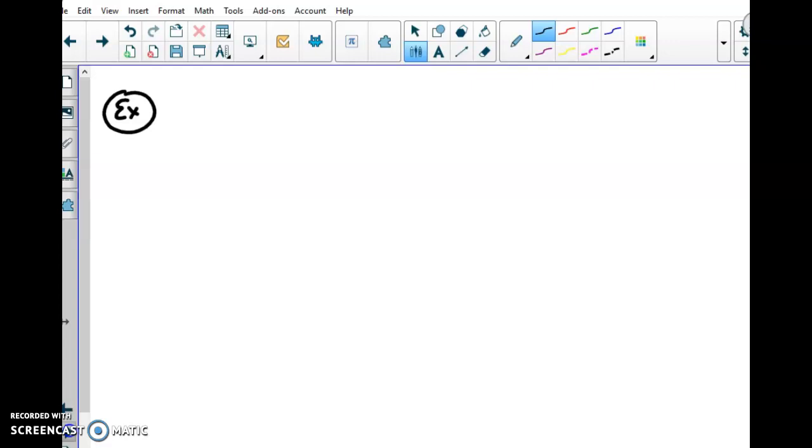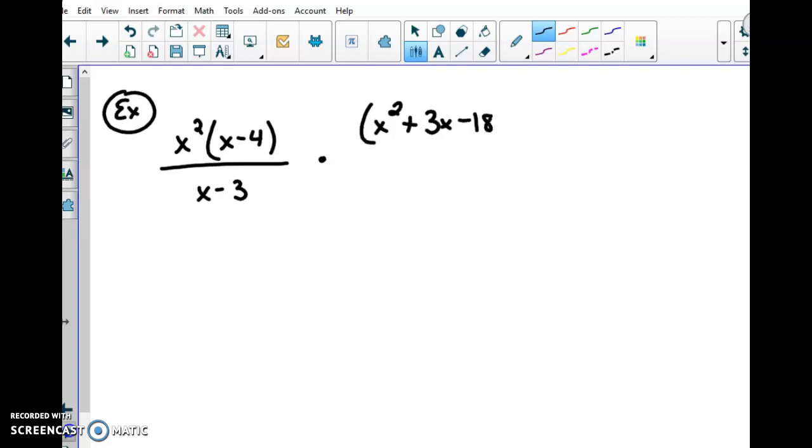Let's say that I have x squared times x minus 4 over x minus 3, times x squared plus 3x minus 18 over x cubed. Whenever you see a polynomial that's not in factored form, you're going to have to get it into factored form.